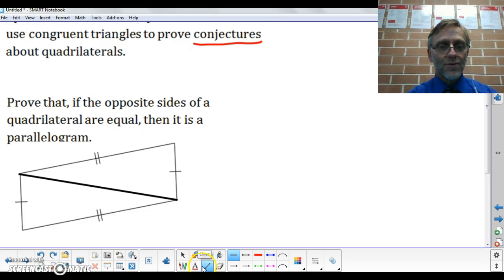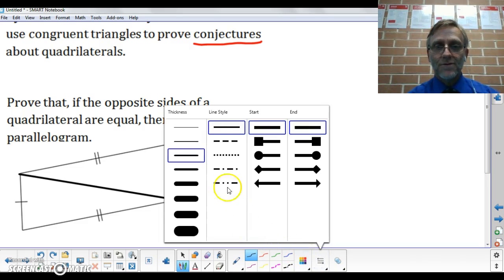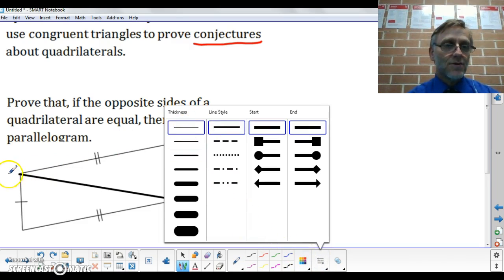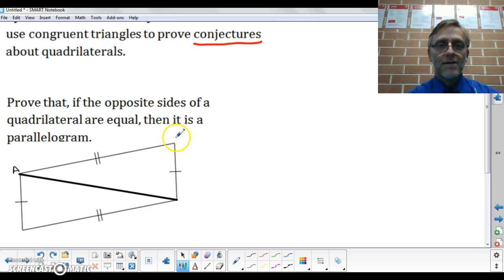Can I now prove that that figure has parallel sides? Well, let's go with triangles. Let me label the corners. That's going to be A, that's going to be B, that's going to be C, that's going to be D. Is there anything in there that would allow me to show that the sides are parallel?